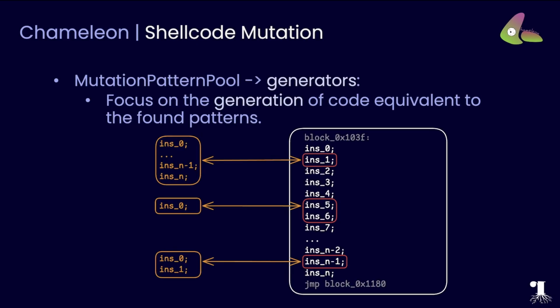And finally, the generators. The generators focus on the generation of code equivalent to the found patterns. In this case, we may want to create a generator that uses a move, or a push and a pop, or an exchange, or some push, then we generate some random semantically neutral code, and then a pop, so the change of the value is more hidden.